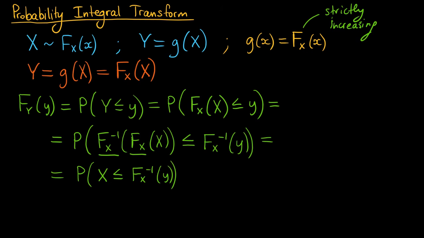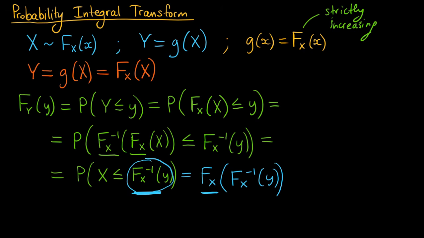But notice that this is nothing other than the CDF of x evaluated at this point here, which is the inverse of the CDF evaluated at y. And we have one more cancellation here, because now this lowercase y will travel from the range of the random variable y to the range of random variable x and back. And so this is just y.